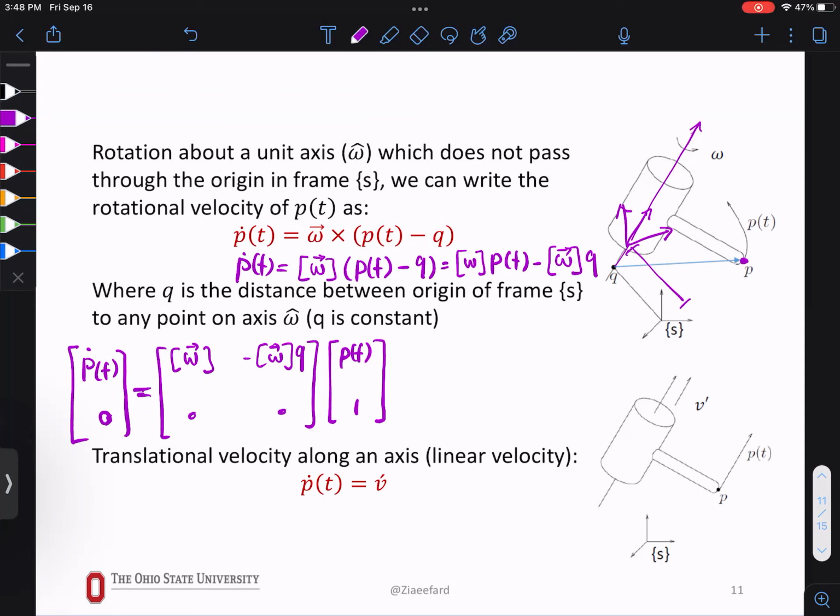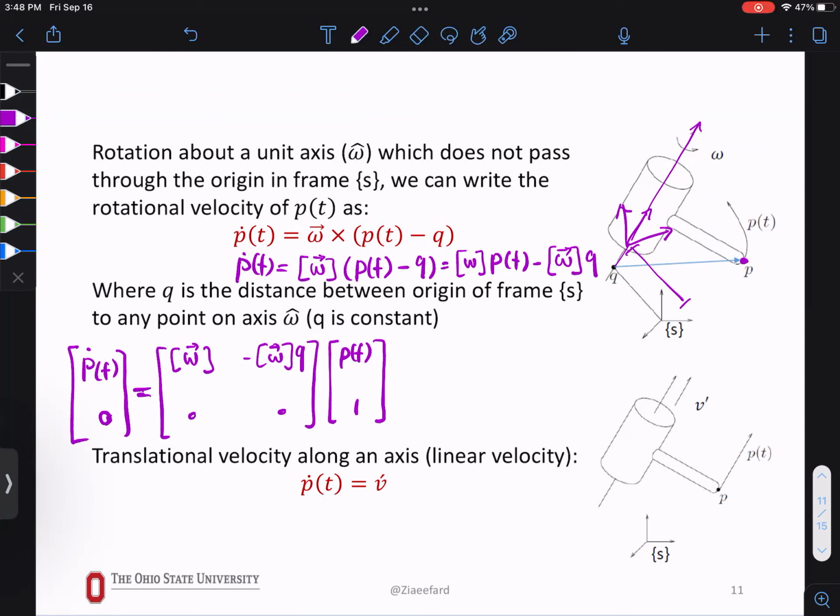P dot t is 0, doesn't matter, right? Now, if you do this, you get to that expression. So all we did was put this in matrix form. Now, this is your P dot, this is your A matrix, this is your P, which was your X, right? So x dot equals Ax, vector matrix.